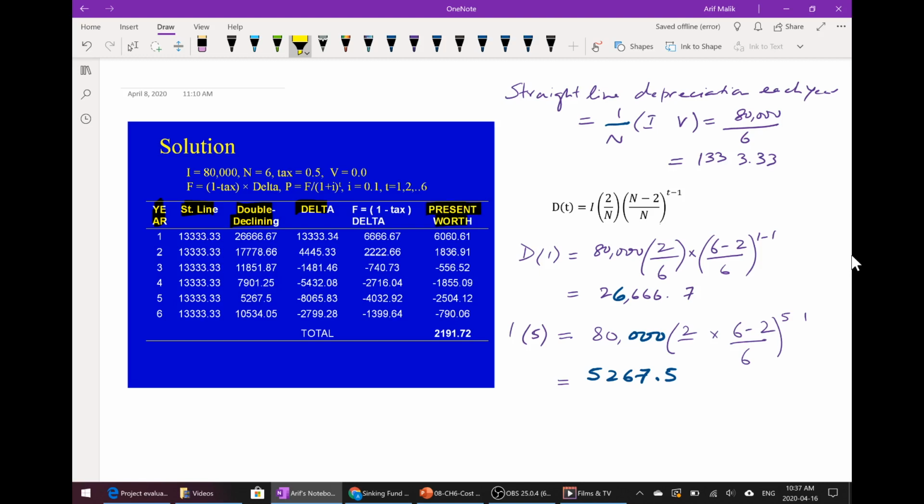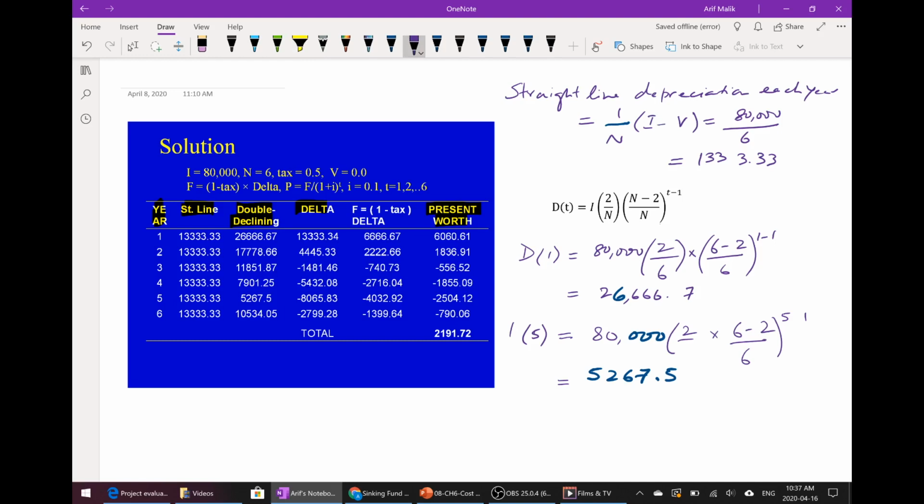So for example, the straight line depreciation each year, the formula is equal to 1 over N into (I minus V).